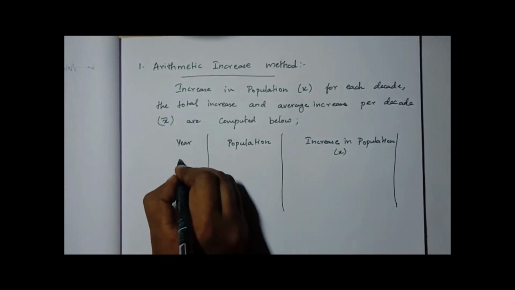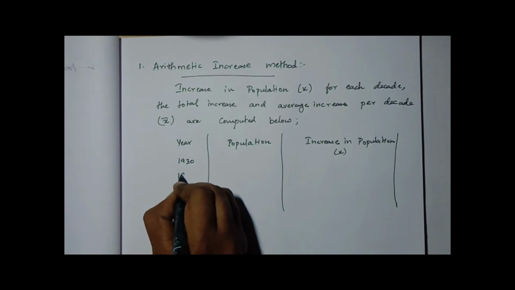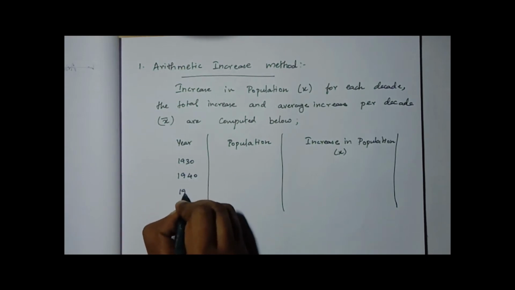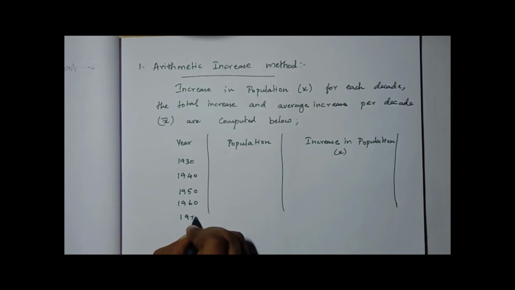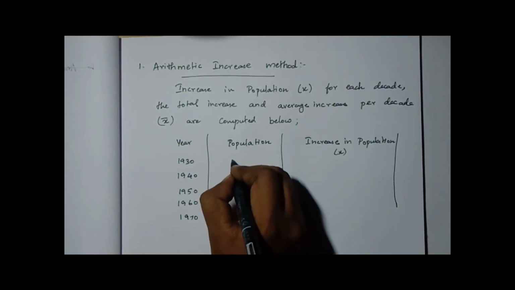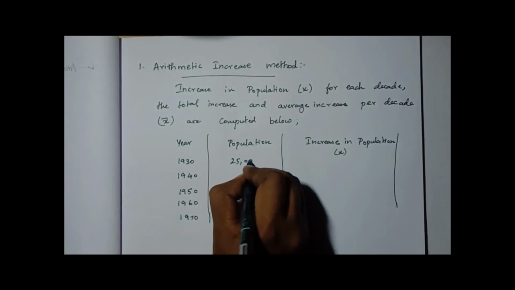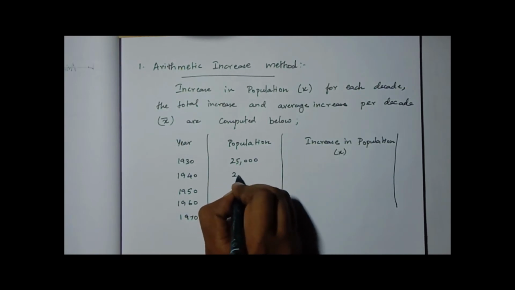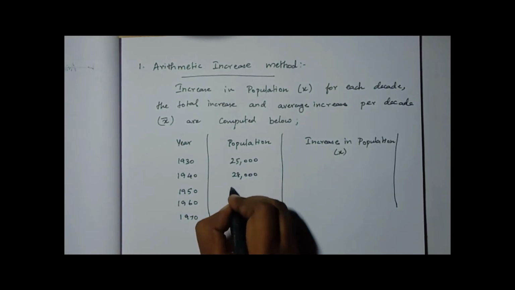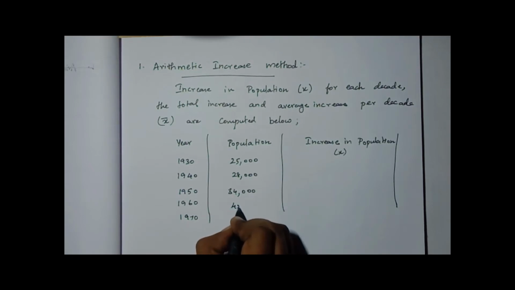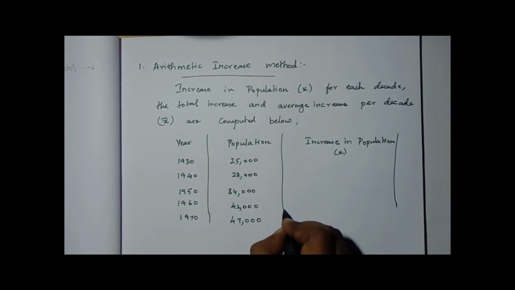So here we had 1930, 1940, 1950, 1960 and 1970. And the population we had 25,000, 28,000, 34,000 and 42,000, and finally we had 47,000.